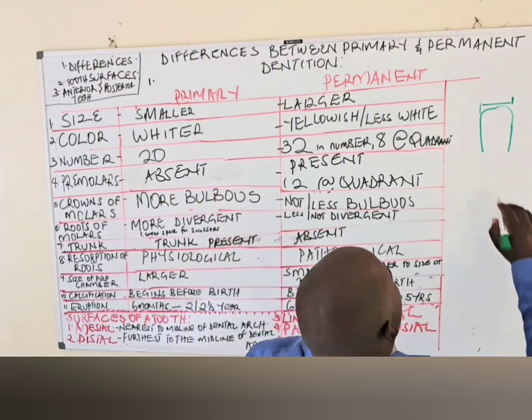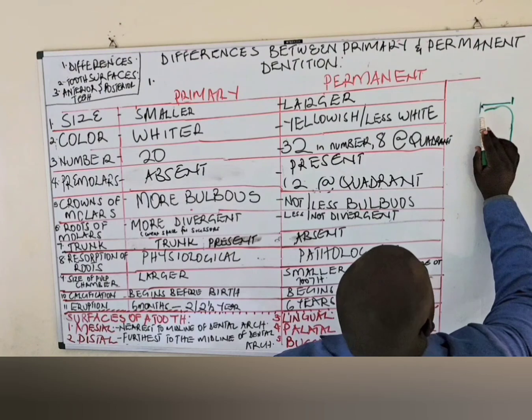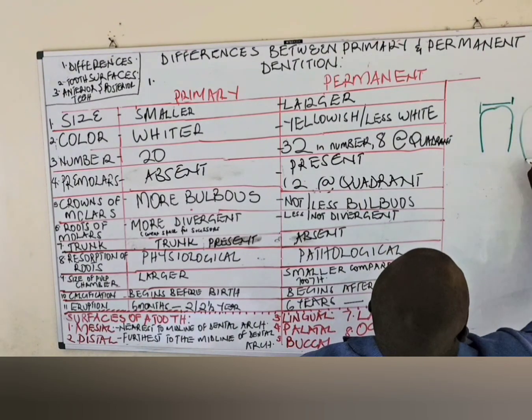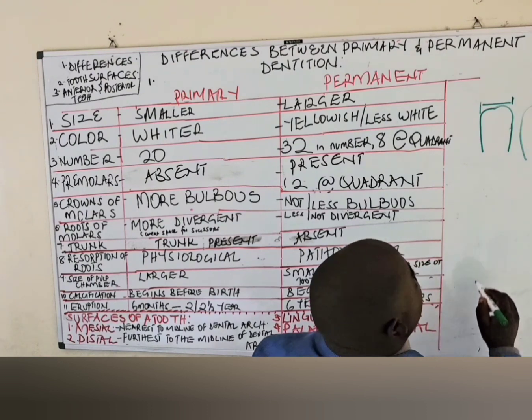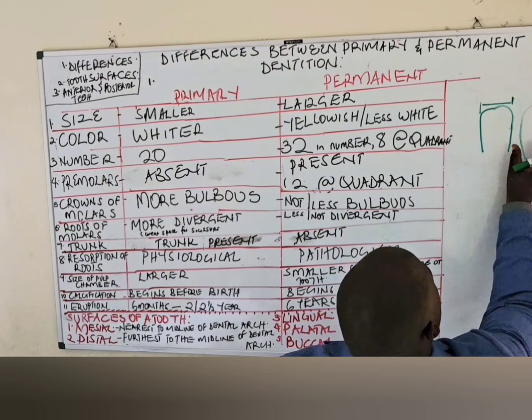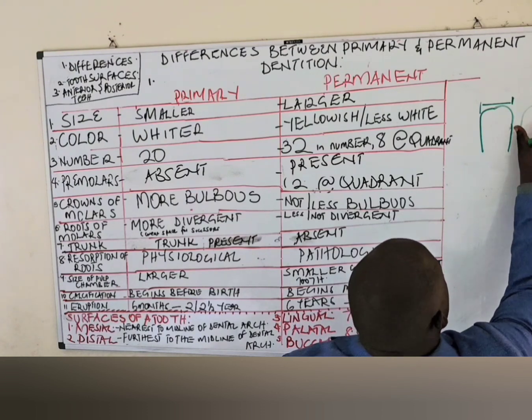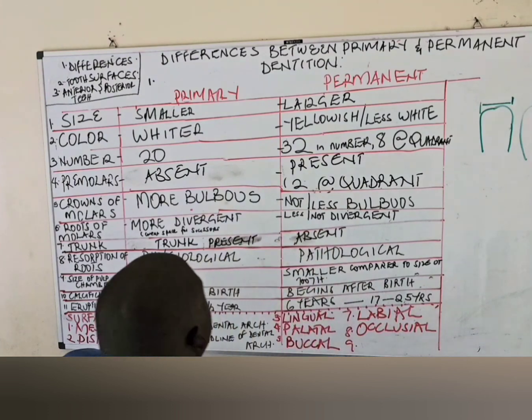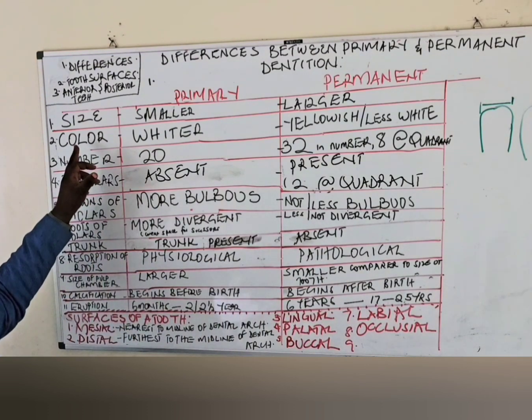So the distance between this one and this, compared to a permanent tooth, you shall see that the primary tooth is smaller compared to the big size of the permanent tooth.